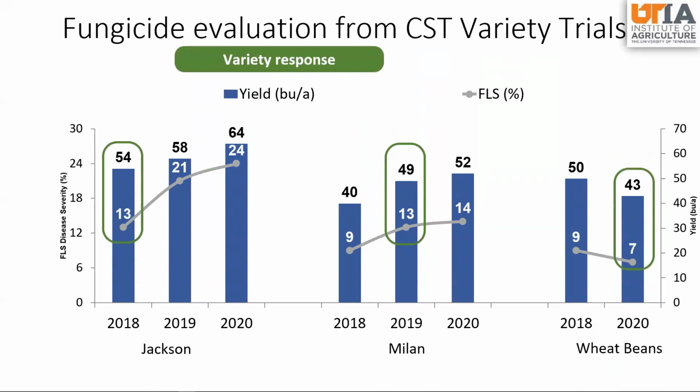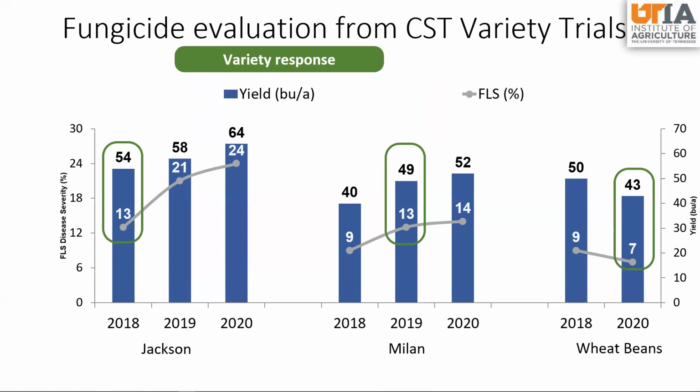And then analyzing across these 8 different sites, what we call site years, we had 3 site years where we only had a variety response when it came to what impacted our yield. And I should mention, in the CSTs, we have anywhere from 60 varieties, upwards of 80, that span from maturity group 3 through 4 and 5.